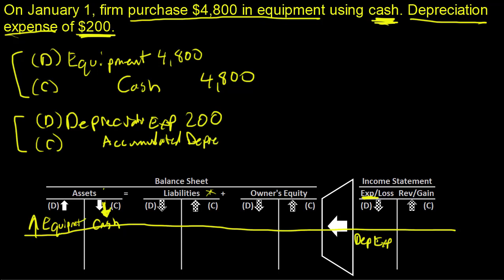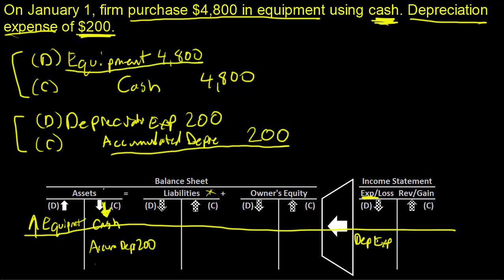And so the accumulated depreciation is $200 here, and it gets reported here. And this accumulated depreciation right here is a way to write down this equipment value without it actually leaving the business. It enables us to keep a historical cost here and show the economics of what's going on with the equipment losing value over time.